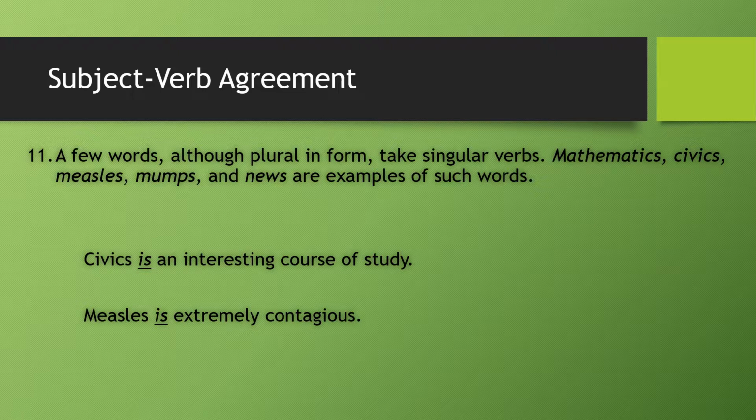Measles is extremely contagious. Now, again, measles has a plural form, but measles is the name of the disease. It's not a plurality of measles, it is measles. So a few words, although they look plural, take singular verbs.